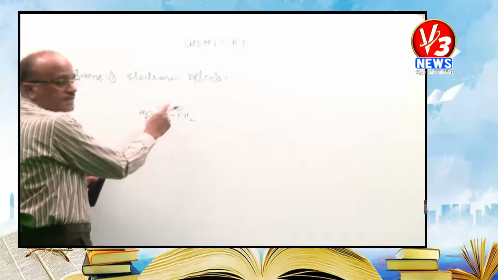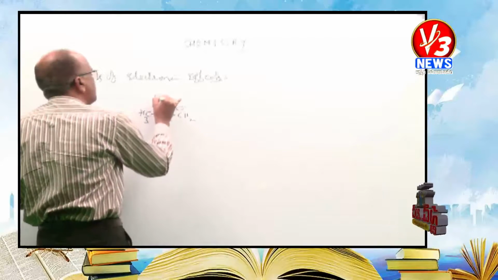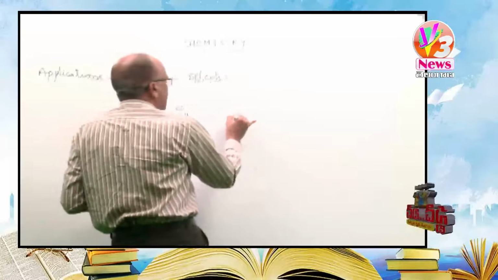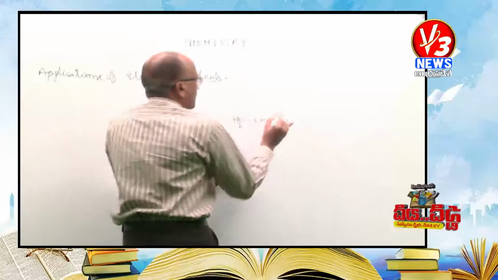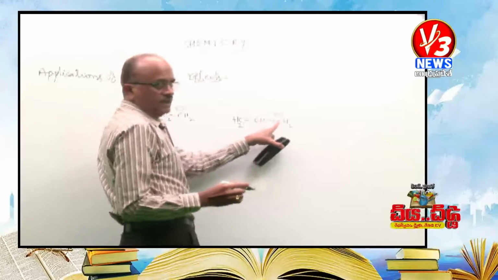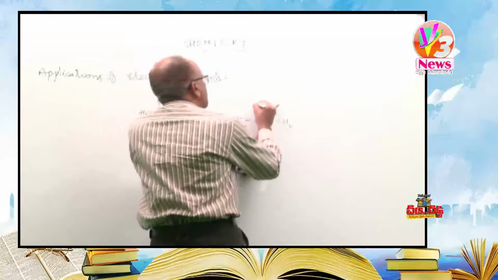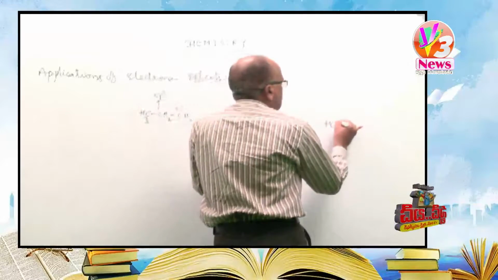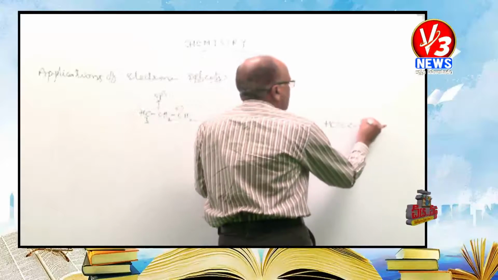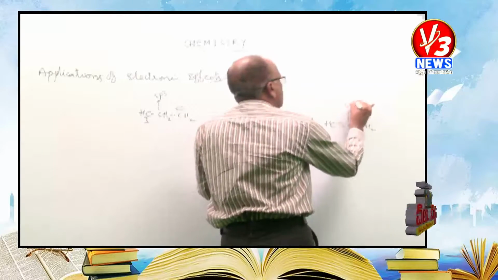Around this carbon there are 4 sigma bonds, so what is the hybridization of this one? sp3. Then I take CH2=CH-CH2 minus. Now I take this carbon attached to the negatively charged carbon. This is an sp2 hybridized carbon. Then I take HC≡C-CH2 minus. This carbon is sp hybridized.